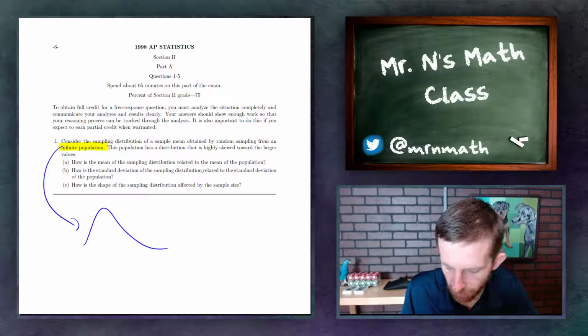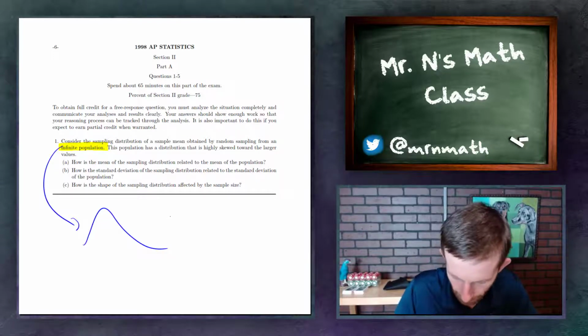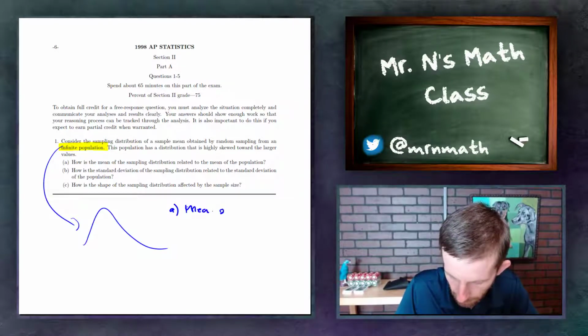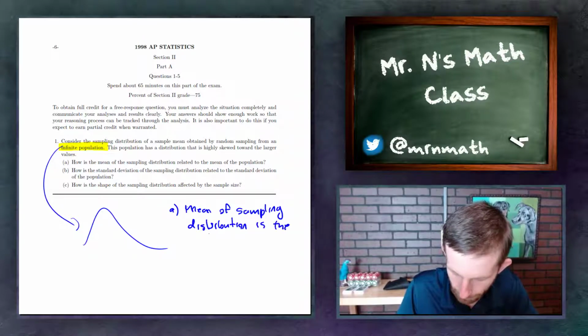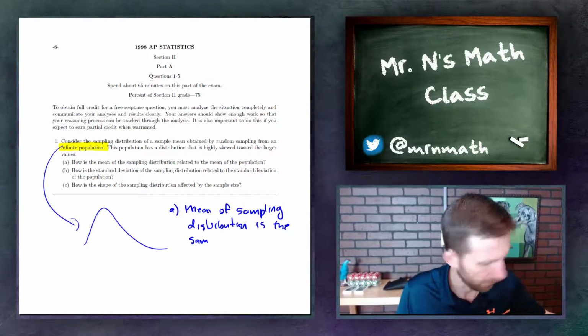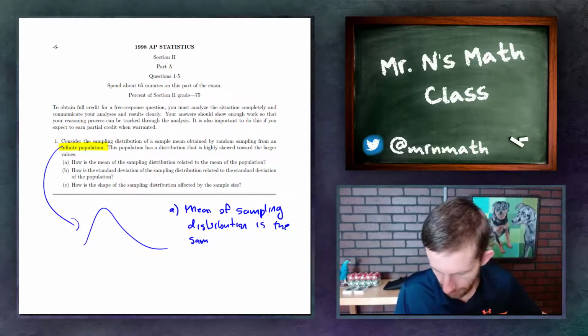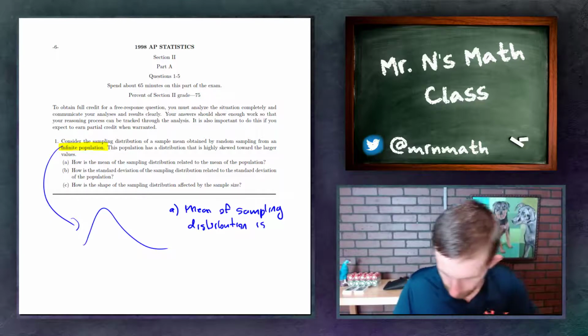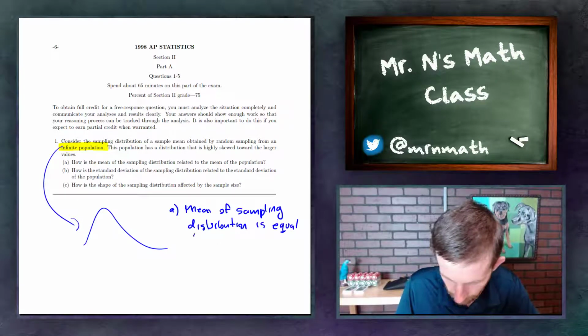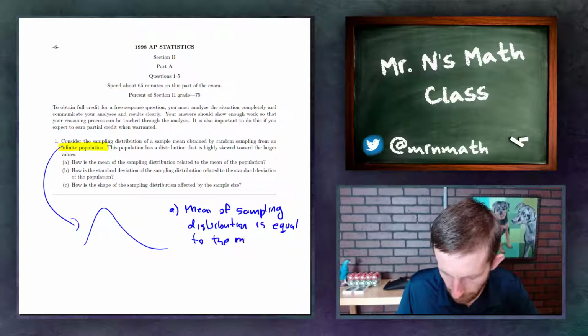Part A: how is the mean of the sampling distribution related to the mean of the population? The mean of the sampling distribution is equal to the mean of the population.